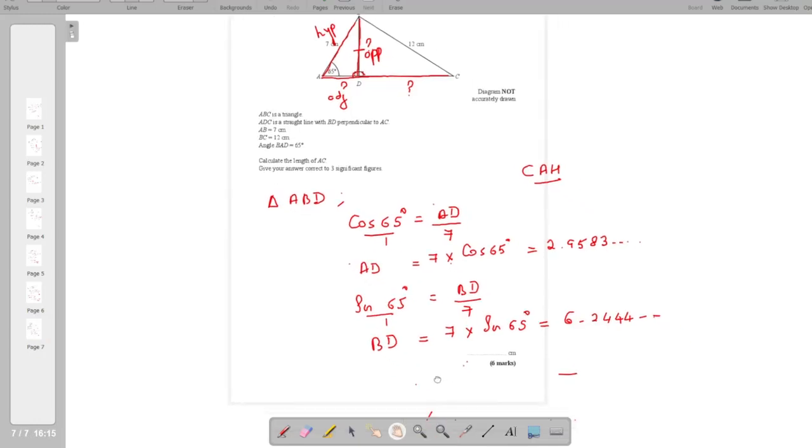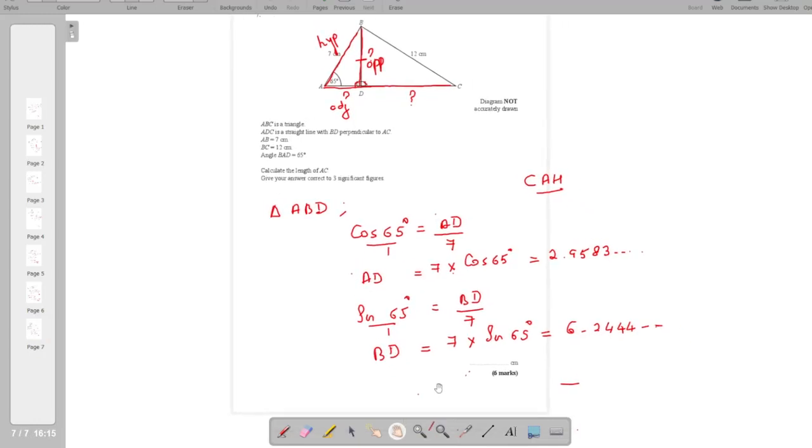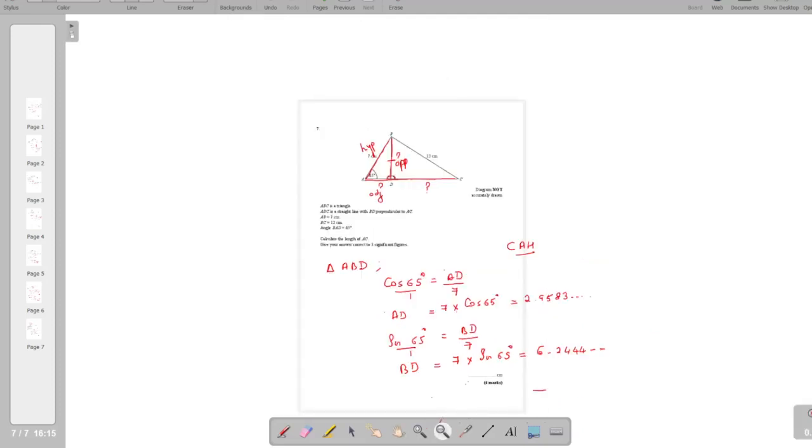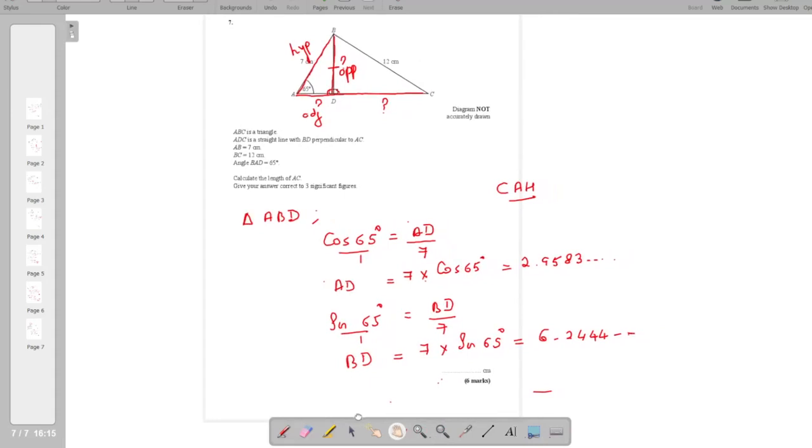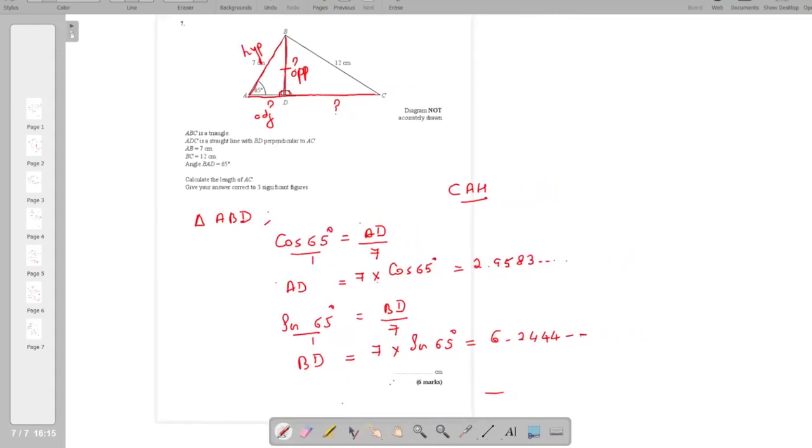Now we could use the Pythagoras theorem on triangle BDC. So let's do it here. In triangle BCD, we use the Pythagoras theorem. BC squared is equal to BD squared plus DC squared.